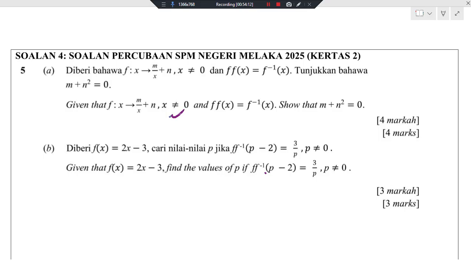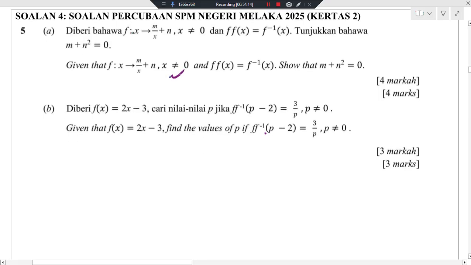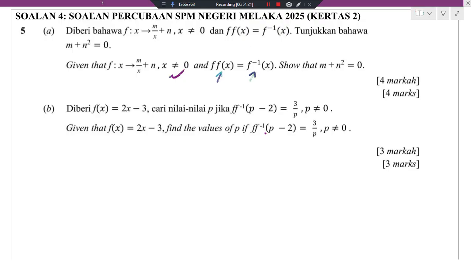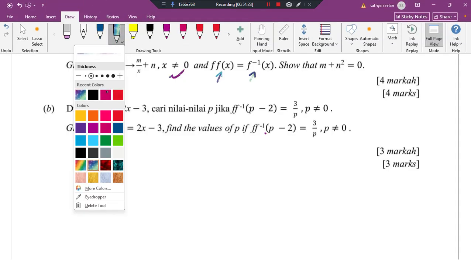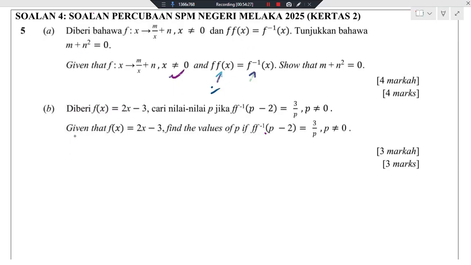So maybe we try to do ffx and f inverse x secara berasingan and then try to equate them lah. Make sense, huh? Okay. So, fx is equals to m over x plus n.